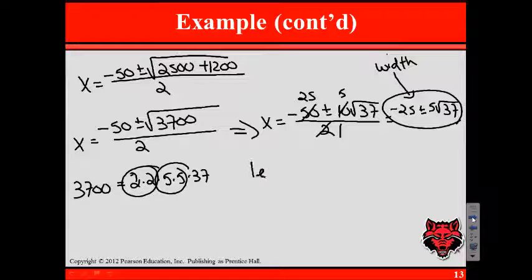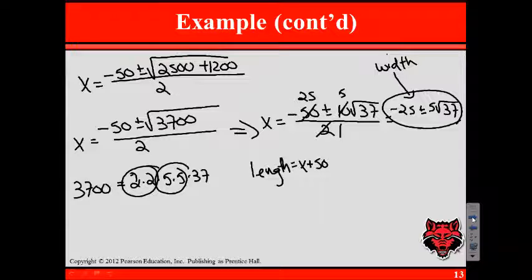To find the length, we need x plus 50. So we take the expression we just found, negative 25 plus or minus 5 square root 37, and we add 50. Now, because we had 2 answers, we don't have 2 widths. If we were to put each answer inside a calculator, we would find that negative 25 minus 5 square root 37 would not be a good answer.